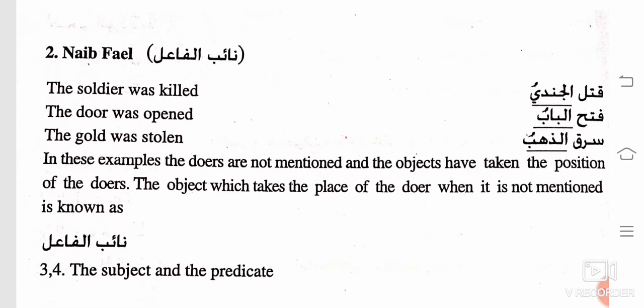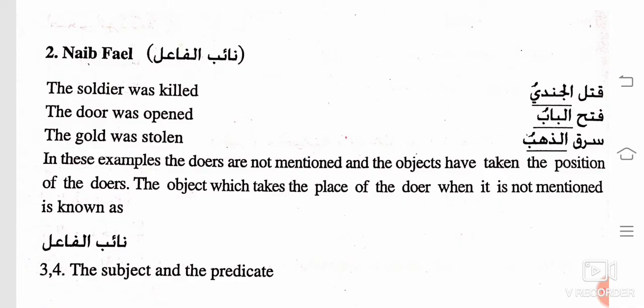The second one that gives raf to another is naib fa'il. Whenever a naib fa'il comes in a sentence, it would be raf, nominative case. So naib fa'il is coming when there is no fa'il.